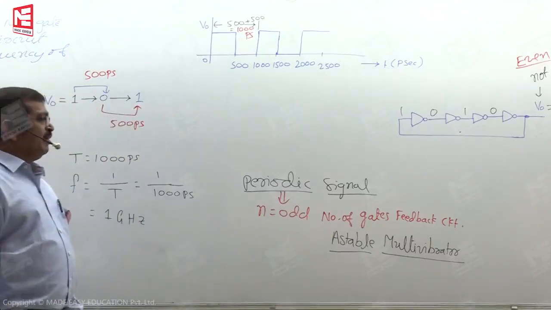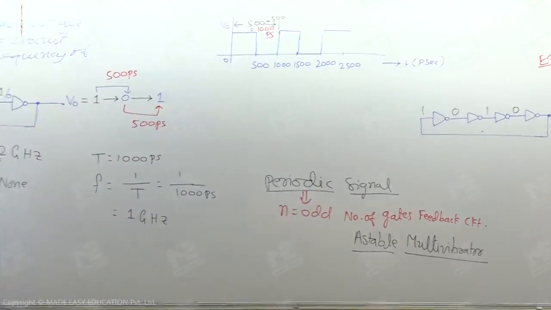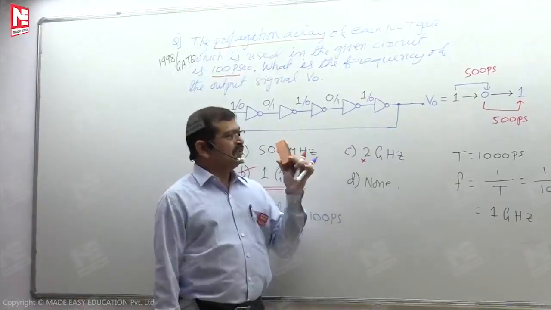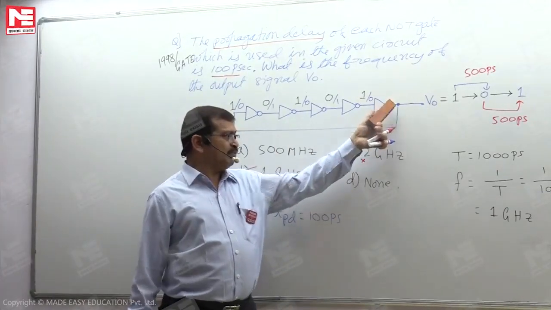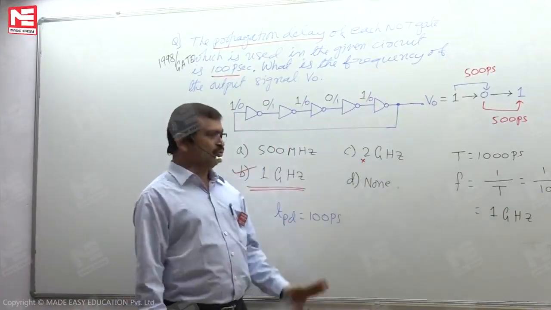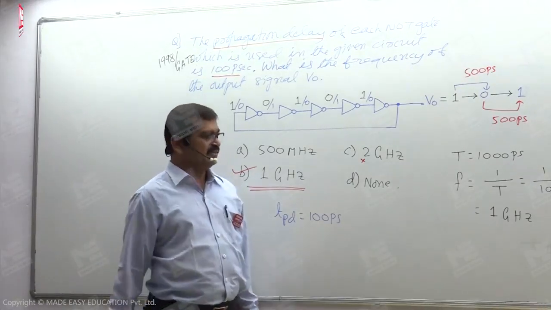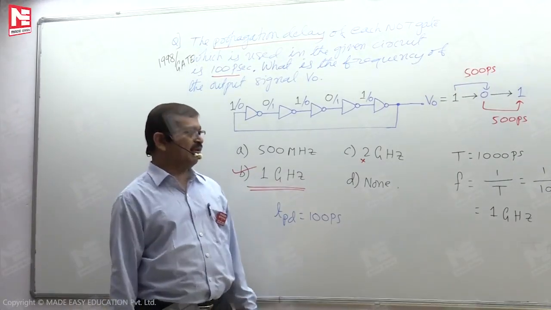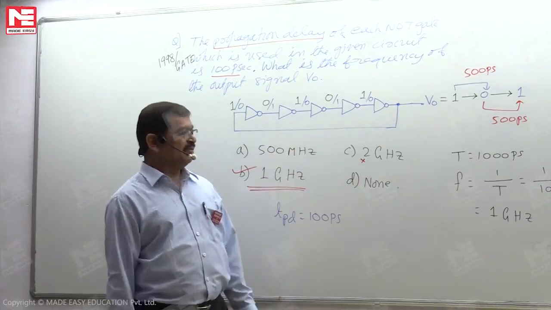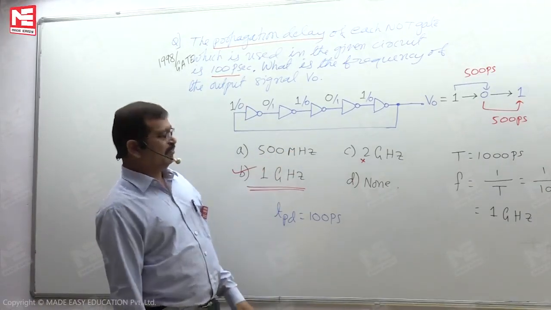Anyway, the periodic signal generation is in this feedback loop, consisting of from this point to this point, from where we are having the connection. So in the feedback loop, if we are having an odd number of gates, then we are having generation of the periodic signal.